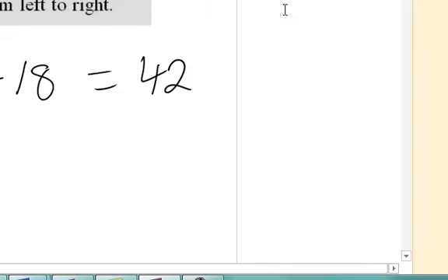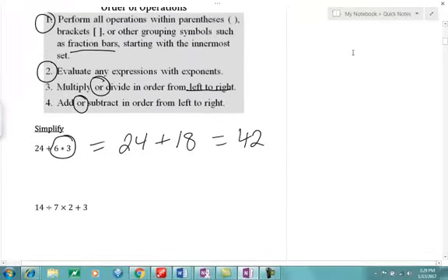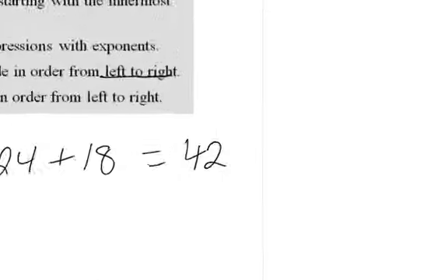I will now go to the next problem, to see if we can do it the same way. So I have 14 divided by 7 times 2 plus 3. Again, I'm going to go in order from left to right. Do I have any parentheses? No, I do not. Nor do I have any exponents. Do I have any multiplication or division? I actually have both. The question is, which one do I do first?